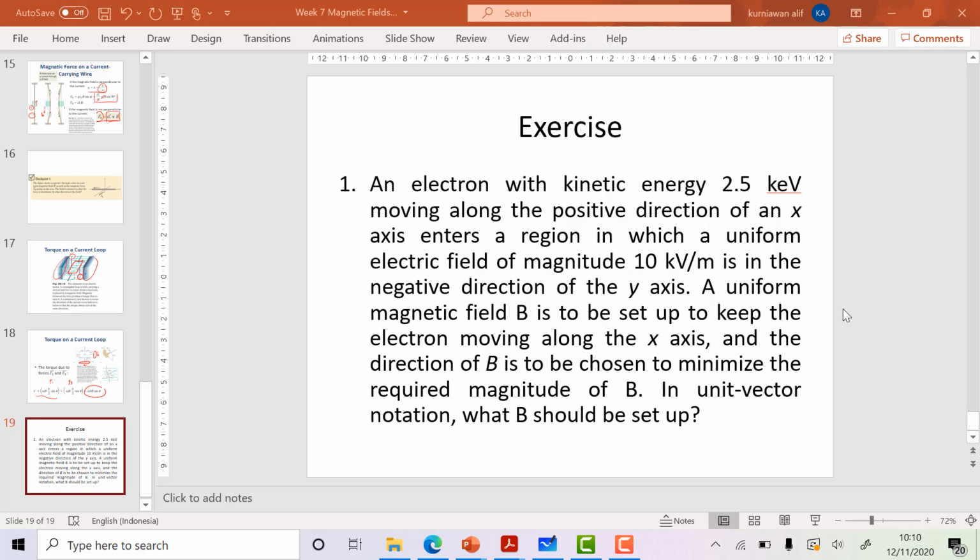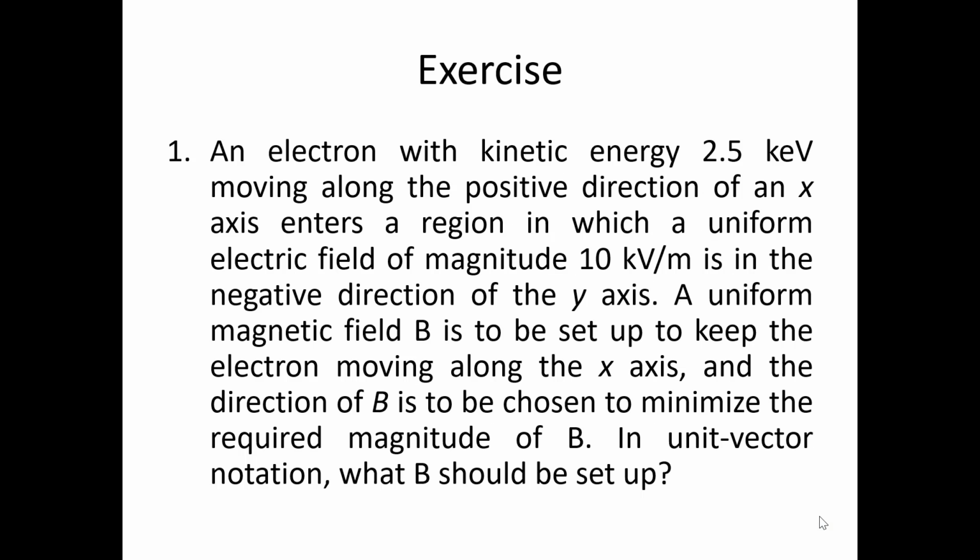In exercise 1, the question is: an electron with kinetic energy 2.5 keV moving along the positive direction of an x-axis enters a region in which a uniform electric field of magnitude 10 kV/m is in the negative direction of the y-axis.